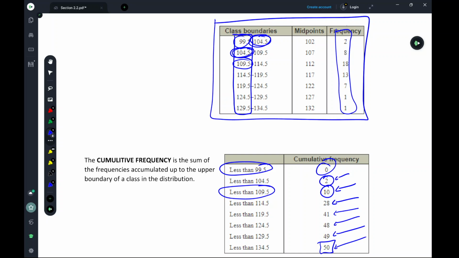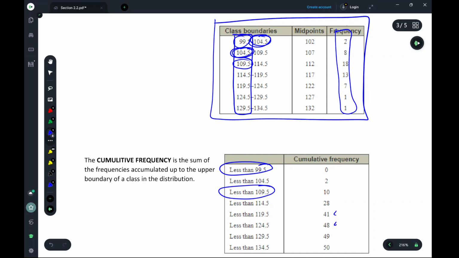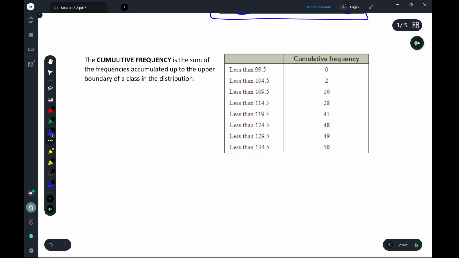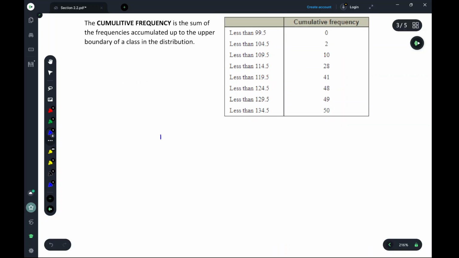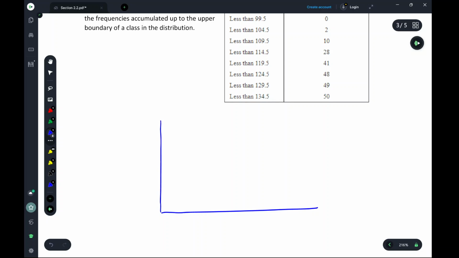Okay? So an ogive is constructed using this concept of a cumulative frequency. It's how many data points are less than a specific value. Now what we're going to do is, just like a frequency polygon, connect several dots with lines. Again, here's going to be our frequency.